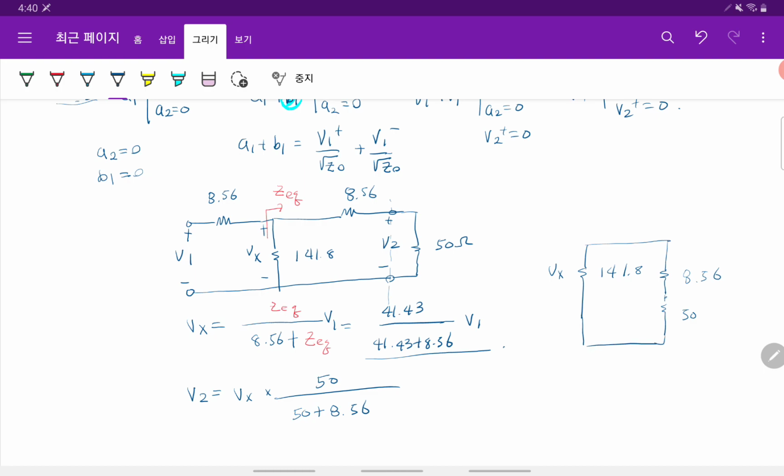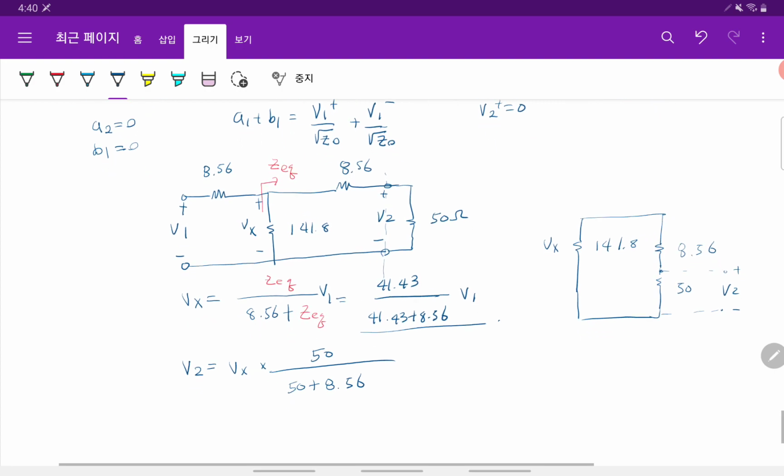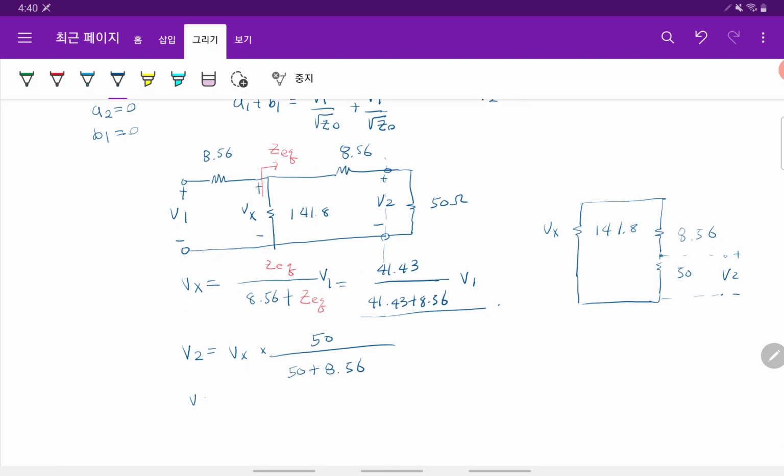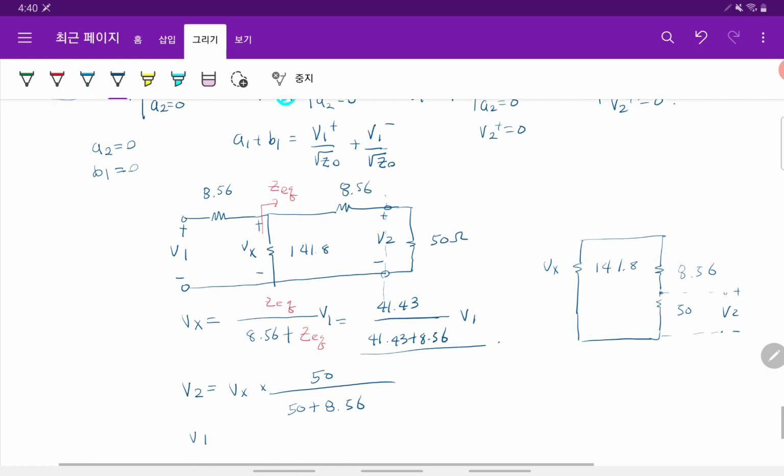So the voltage here is V2, right? So that's why we can get this V2 from Vx. So finally, right, V2 divided by V1.